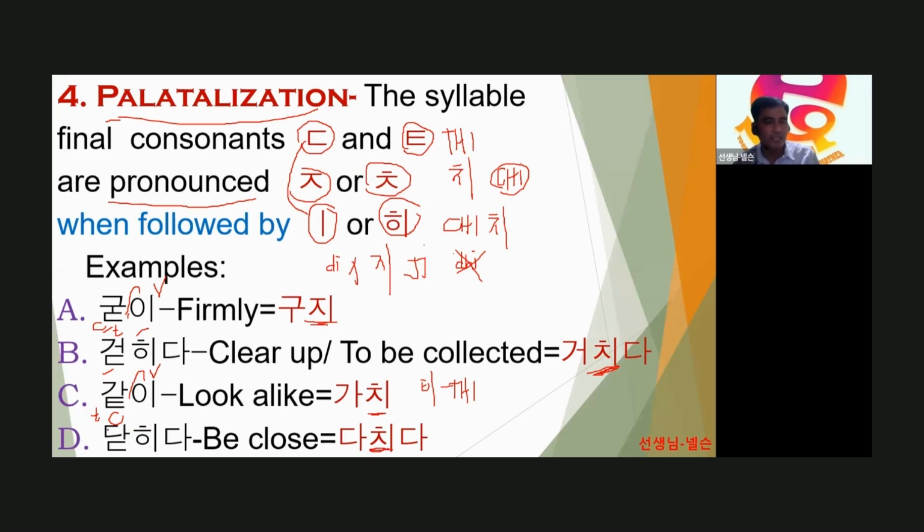So be close: instead of dachida, the correct pronunciation is dachida, with chi. These are numbers 1, 2, and 3, which I also demonstrated earlier. Did you all get it, guys, before I have Mr. Giancarlo read?